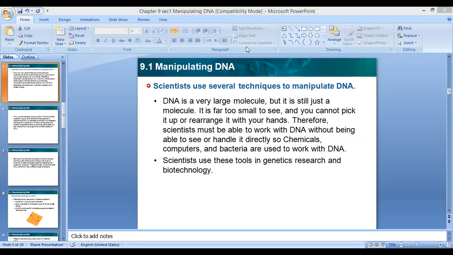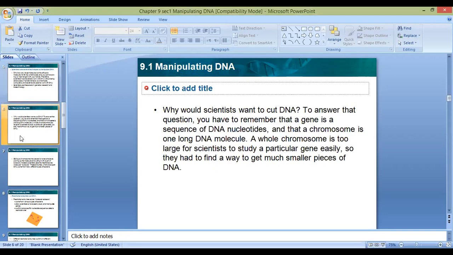So for that reason we use some tools to handle it, by chemicals, by computers, and by bacteria. And we said these tools are used in genetic research and biotechnology. Till here, you all got the idea? Any question till here? No.